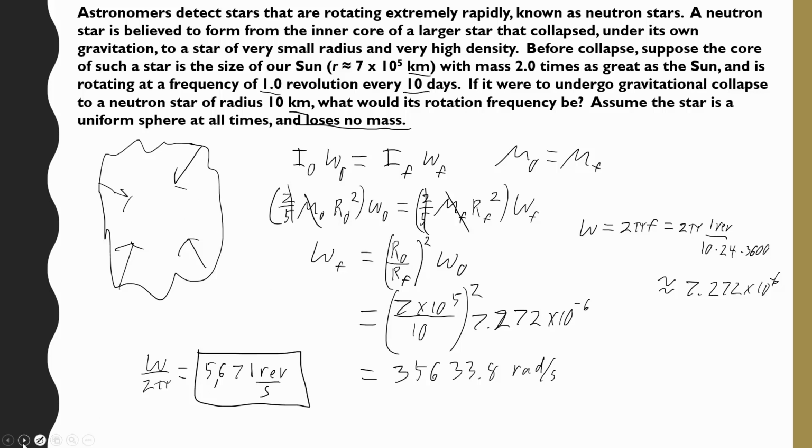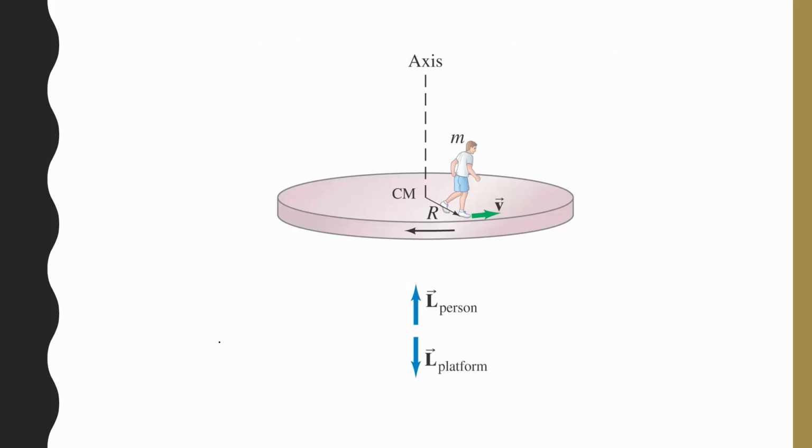So there is that. Something else to look at, if we're looking a little more closely at this vector nature of angular momentum, right? We said L equals I omega. So if you have a person standing on a giant disk, I don't know where this giant disk came from, but anyway, if they're initially at rest, then the angular momentum is 0, and if they start walking in this direction, they are considered to have angular momentum because they are going in a circle.